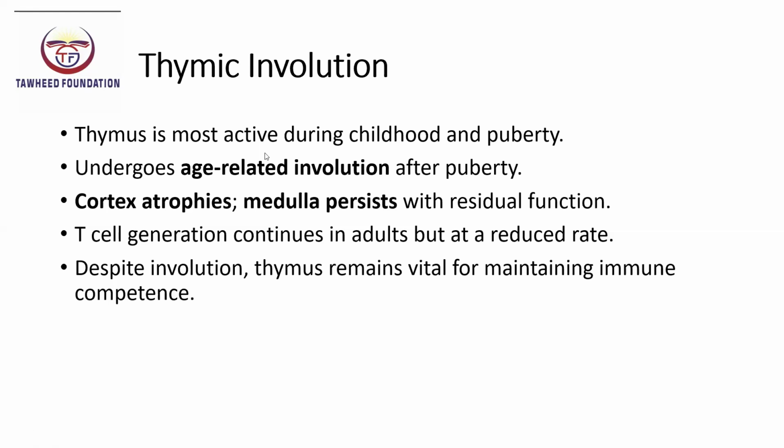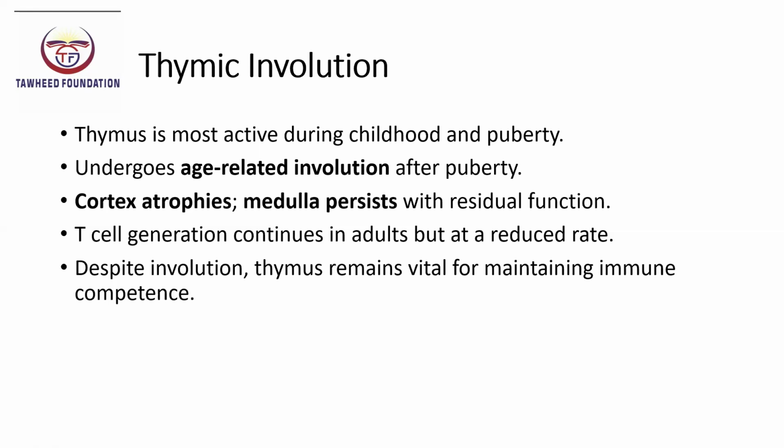So, after puberty, it undergoes age-related involution, the cortex atrophies, and the medulla persists with residual function. Even in adults, a reduced but continuous output of new T cells occurs, maintaining immune surveillance and memory. The process of involution does not signify total loss of function, but rather a transition to a maintenance phase of immune competence.